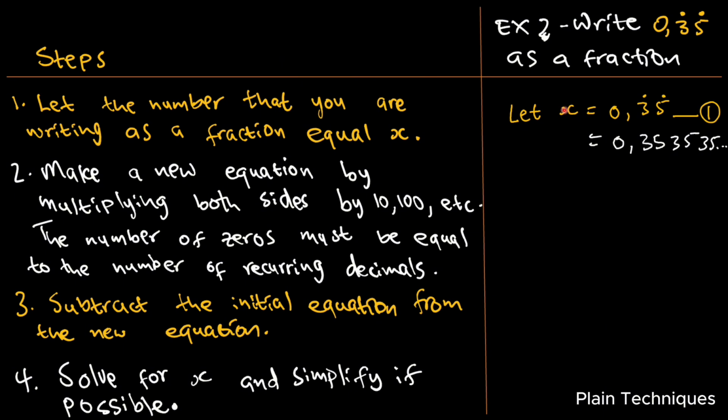I'm going to write equation number 1 as x equals 0.353535, etc., and multiply it by 100. So this is my equation number 1.